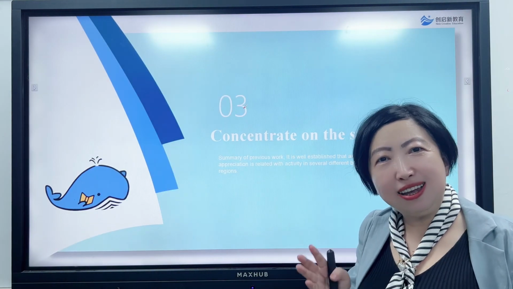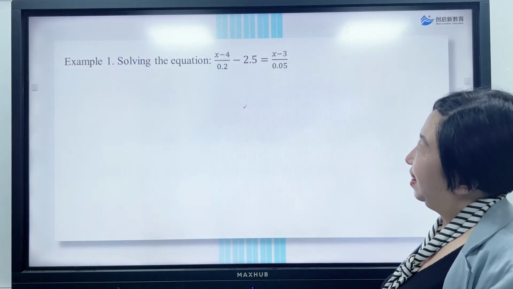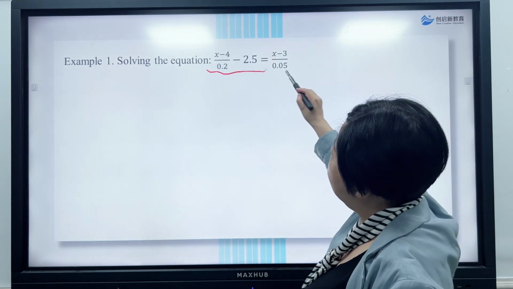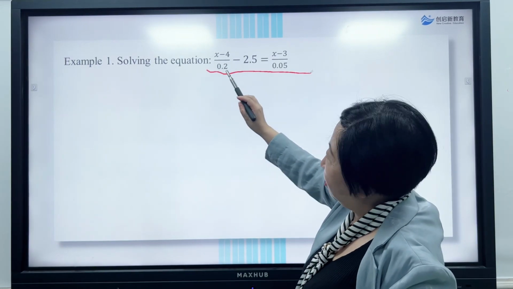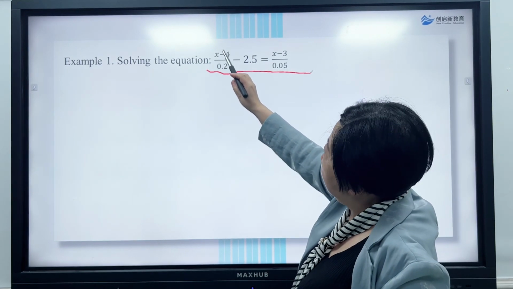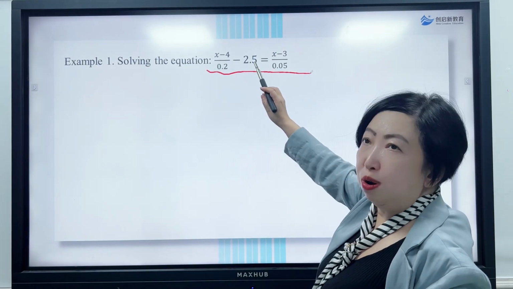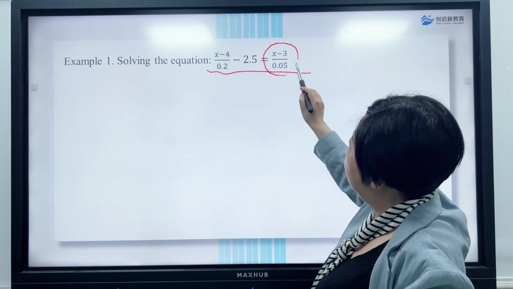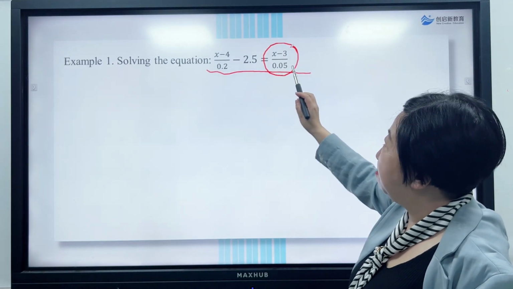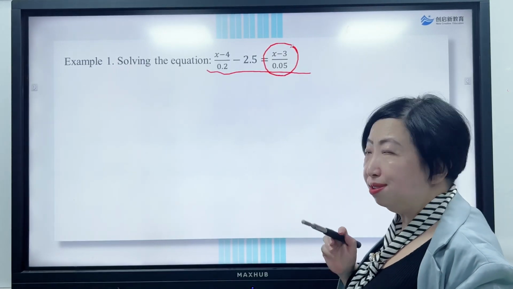Let's learn an interesting example to learn the solution. For example 1, solve the equation. Here the denominator is 0.2 in (x minus 4) over 0.2, minus 2.5, equals (x minus 3) over 0.05.